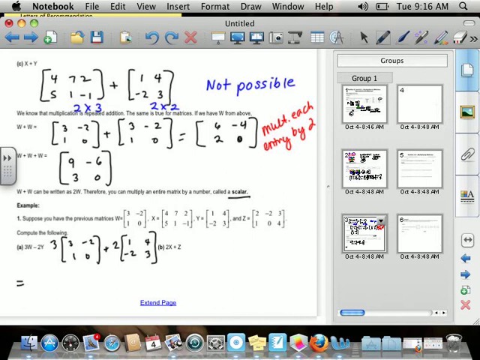You're going to distribute it into each thing. When I multiply through by my scalar, I get 9, negative 6, 3, 0. And I'm going to add that to 2 times everything, so 2, 8, negative 4, 6.